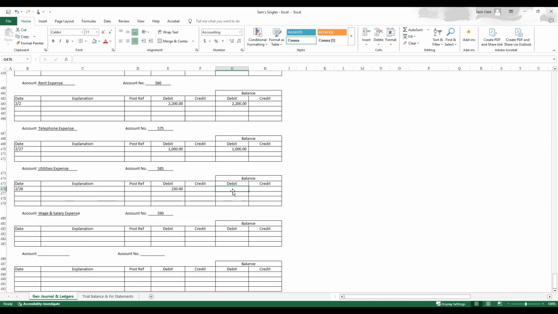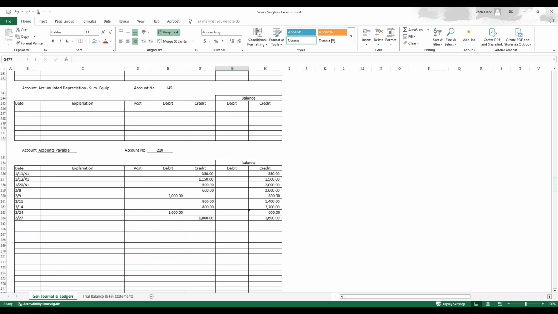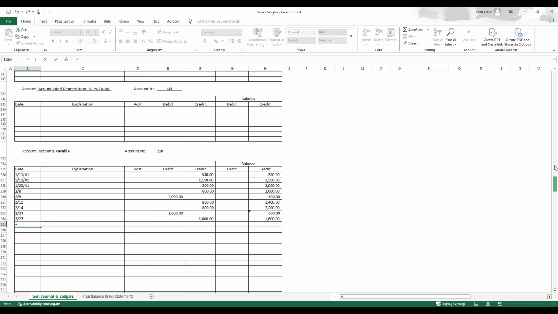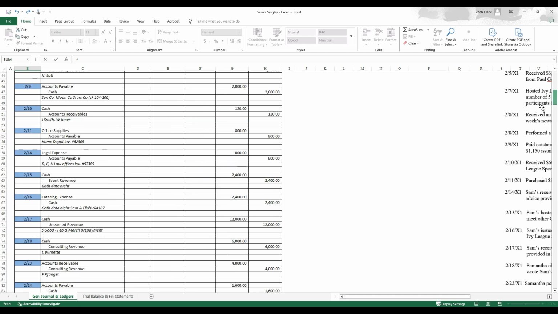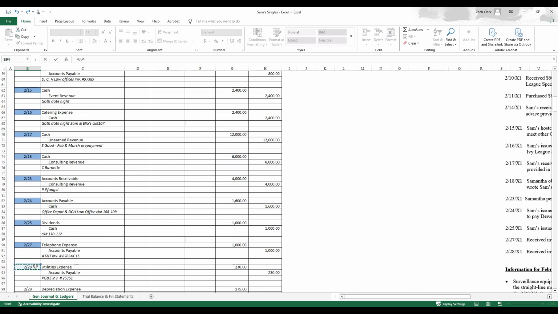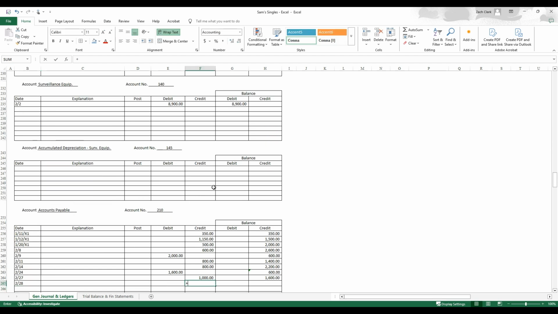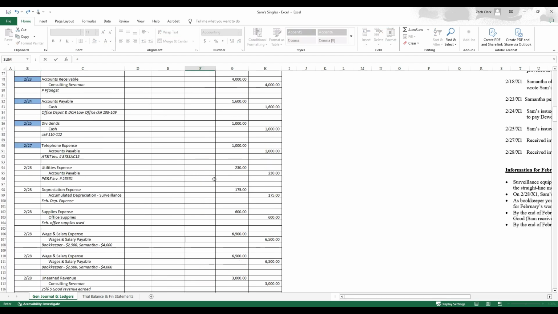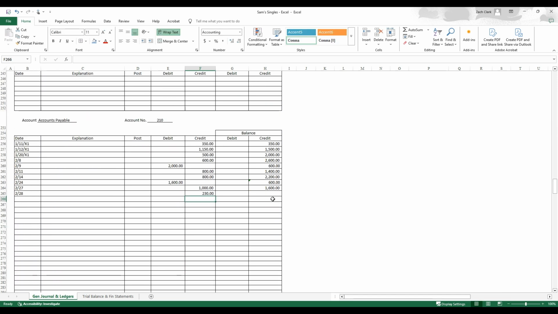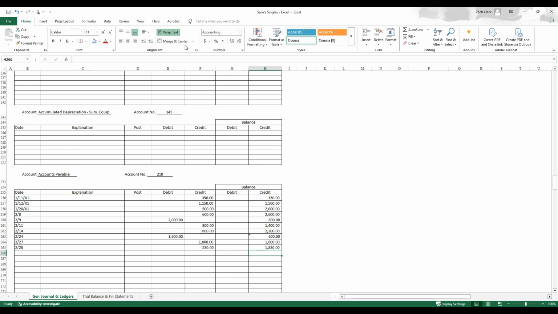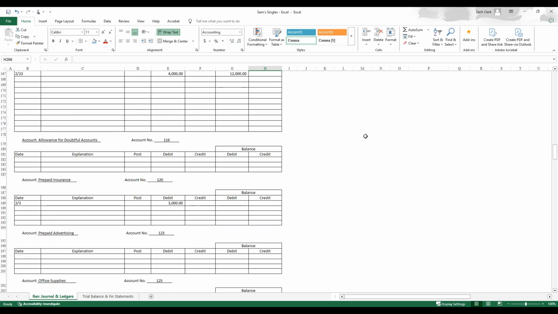Transaction total, and then also our running total, and then AP was the other side of that entry. So 1830. I think that's the last entry to accounts payable.